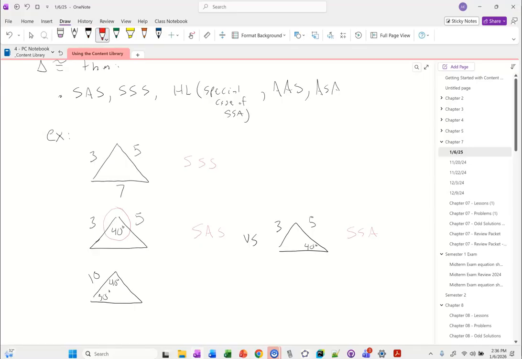How about this one? Is it angle side angle or angle side? This is angle side angle. You're correct. Why is it angle side angle and not angle side? Because the side is part of both of the two given angles, yes.